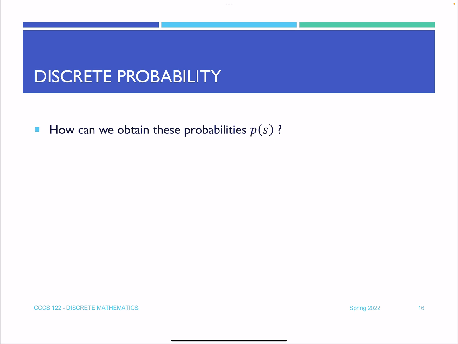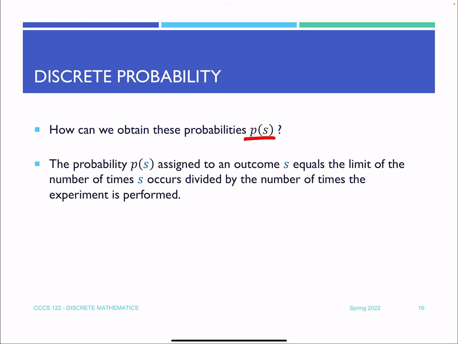Now, how can we obtain these probabilities P of S? The probability P of S assigned to a specific outcome S equals the limit of the number of times S occurs, if you keep running the experiment a lot of times, divided by the number of times the experiment is performed.